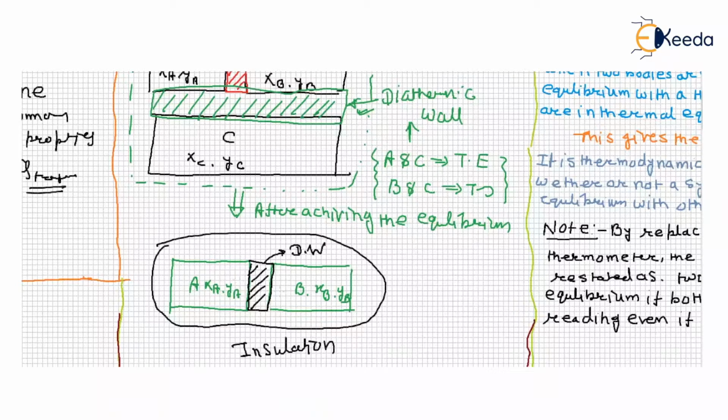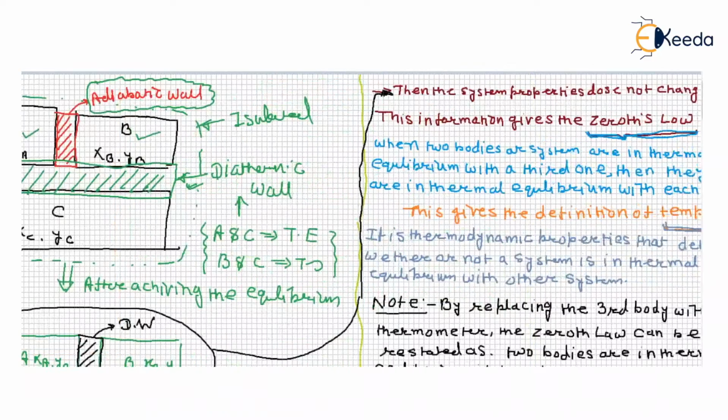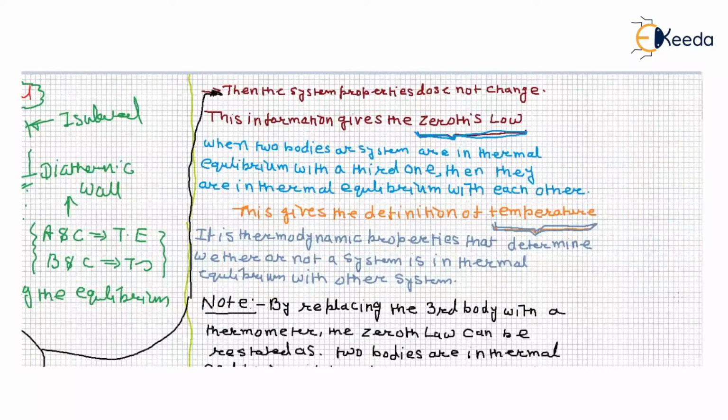That means we conclude that the system property doesn't change. This information gives the zeroth law. This information कौन दिया? This information is given by the zeroth law. और ये कह क्या रहा है कि when two bodies or systems are in thermal equilibrium with a third one, then they are in thermal equilibrium with each other.